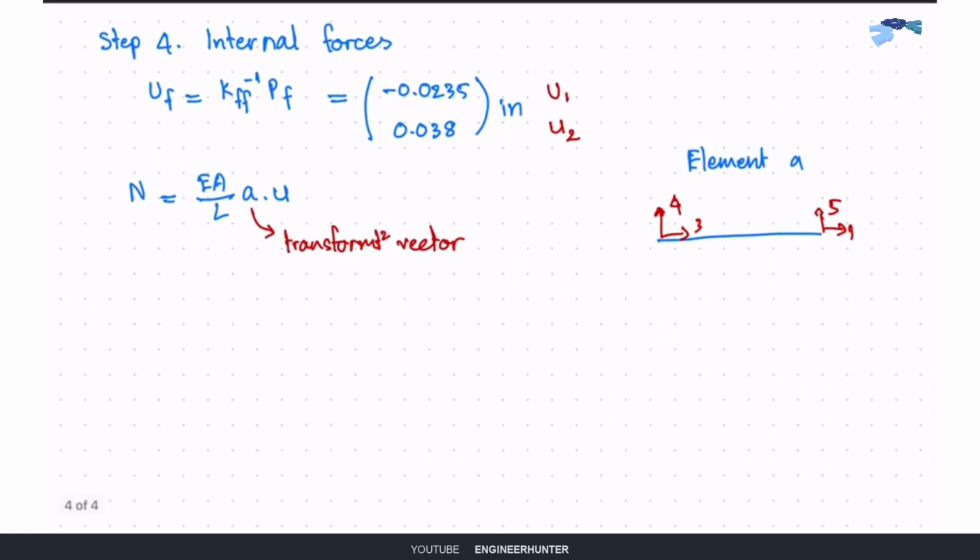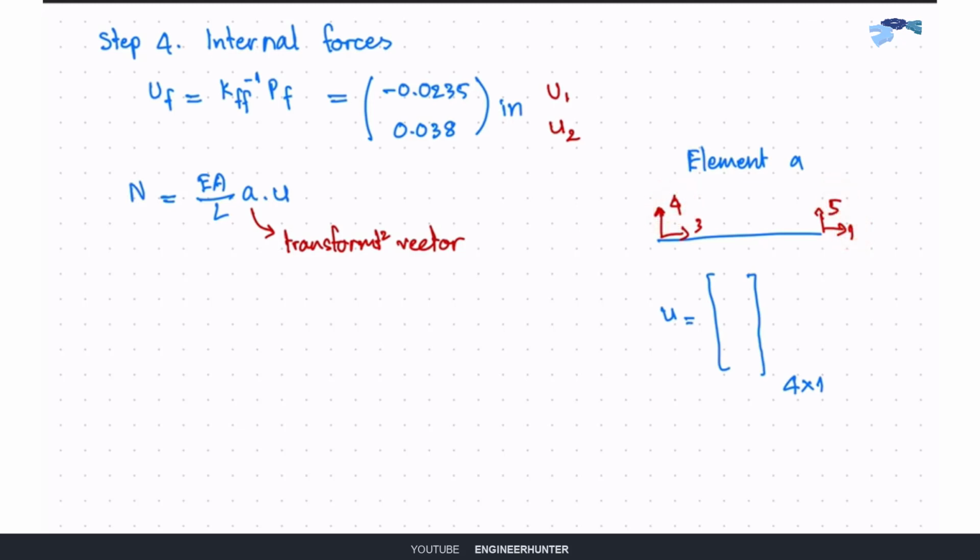So u here will equal to, it is a vector 4 by 1. So we start from degree of freedom numbers 3, 4, 1, and then the last one 5.